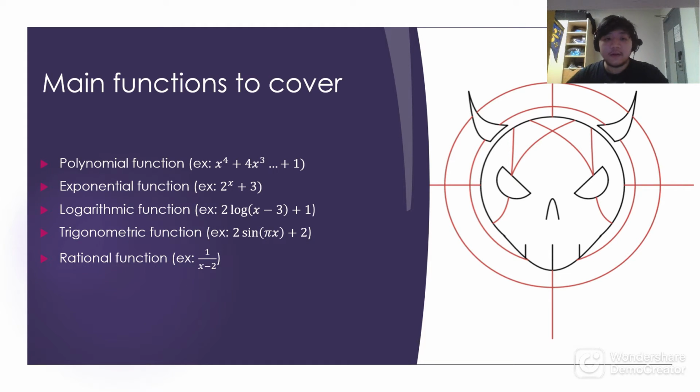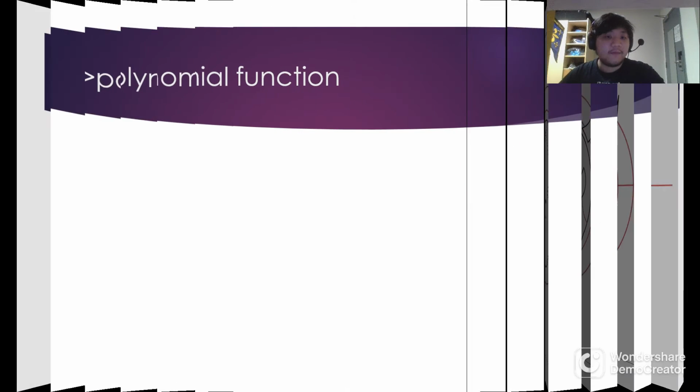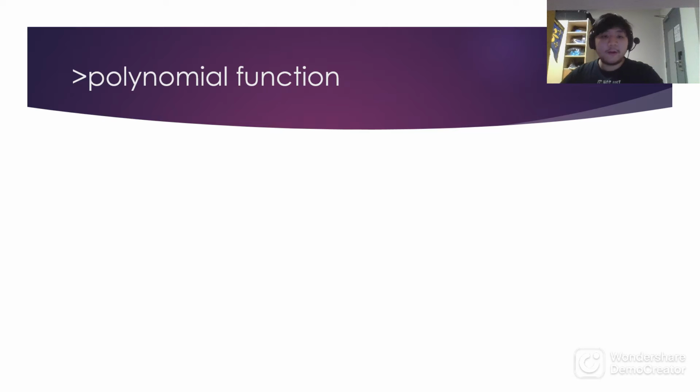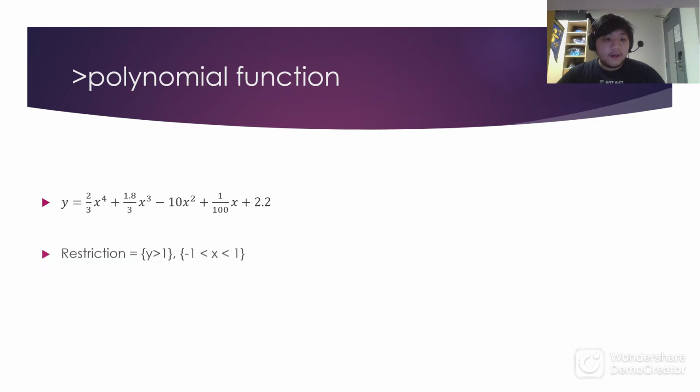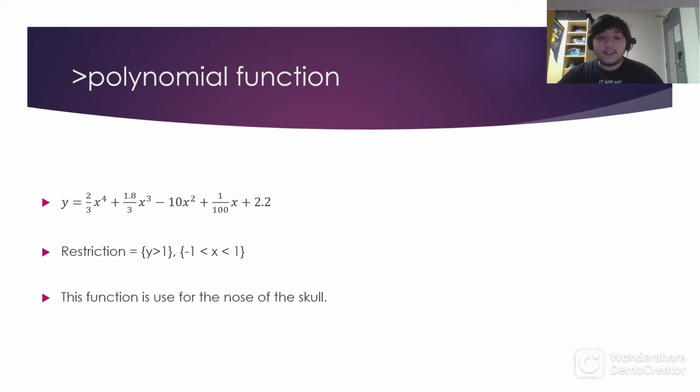Tackling the first key function, the polynomial function, I use equations such as so, as you can see from the screen. That follows the restriction when y is greater than 1 and x is greater than -1 but less than 1. I use the polynomial function for the nose, or basically the nose bone of the skull.